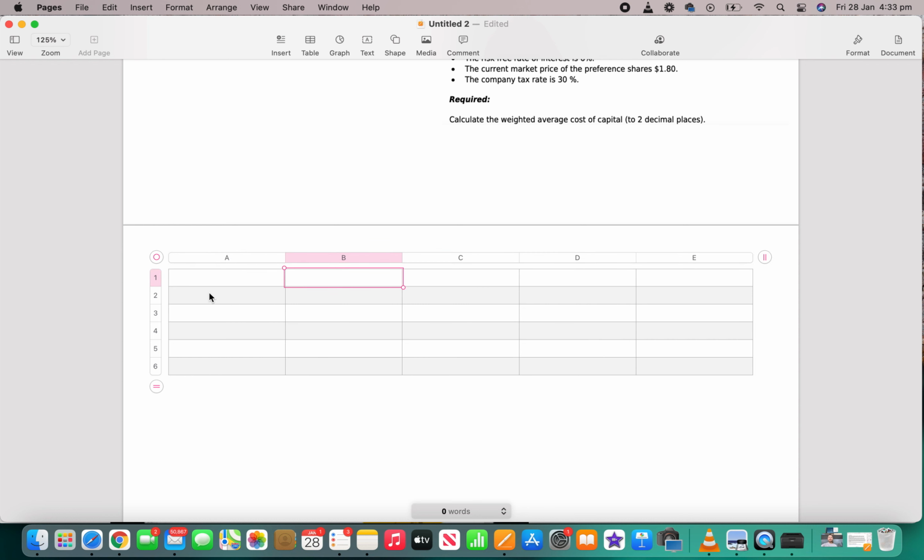So what we've got, WACC is looking at both our debt and equity, so it's looking at the weighted average cost of capital, both of those. So we're going to build it in the table way.